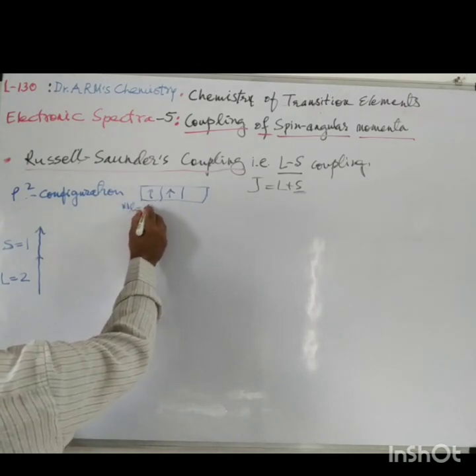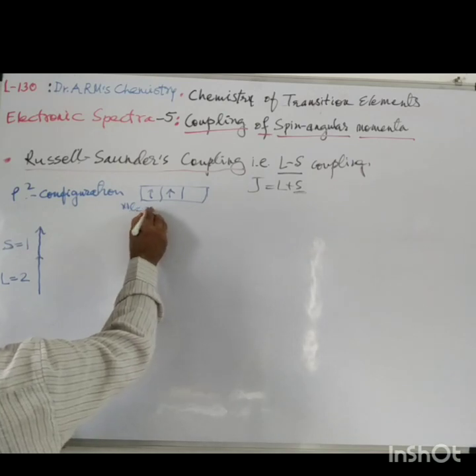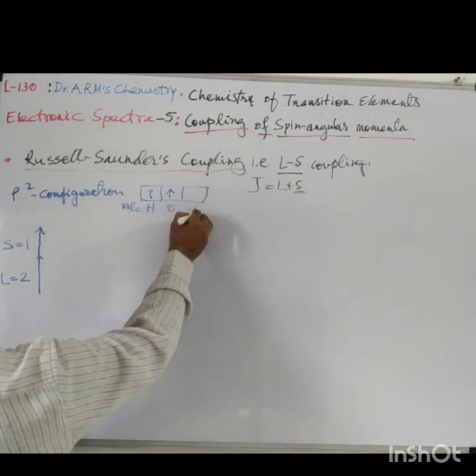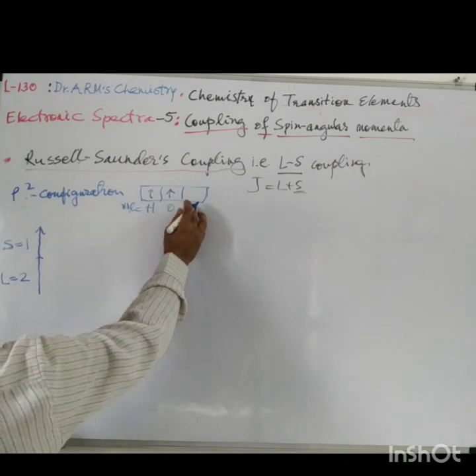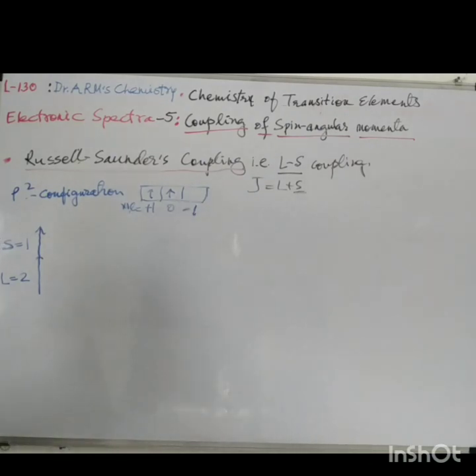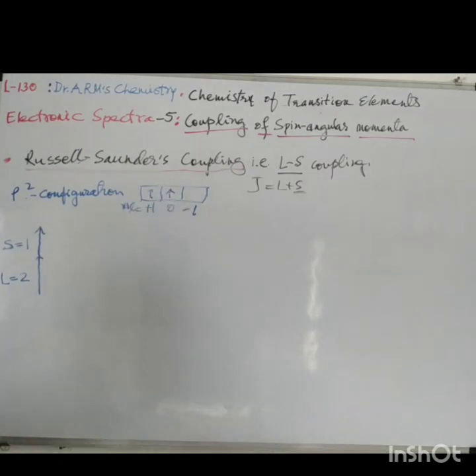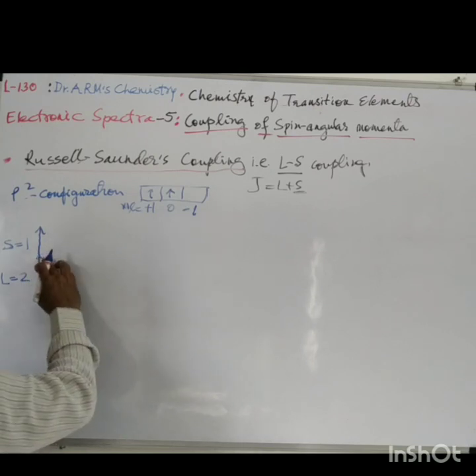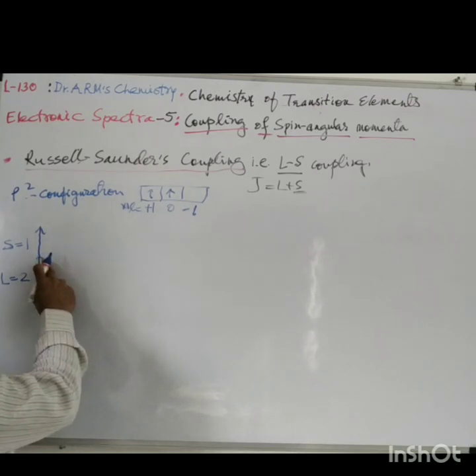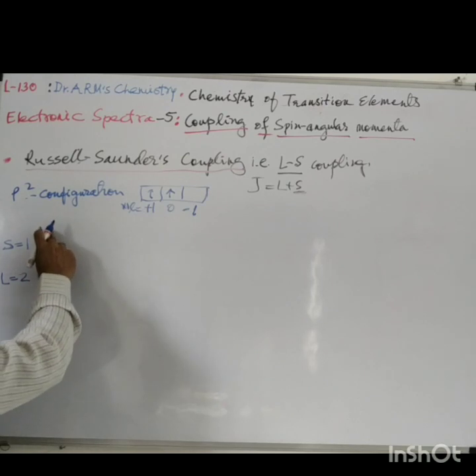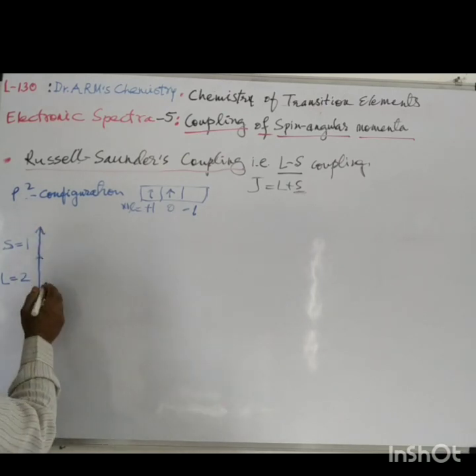So we have the plus 1 value, 0 and minus 1. So when the first electron has this value 1, and if we consider one more electron there, there are a variety of possibilities. Then we can have this L is equal to 2. So here angular momentum has double the quantization compared to S is equal to 1 again.